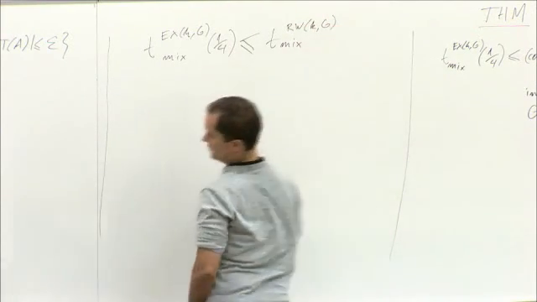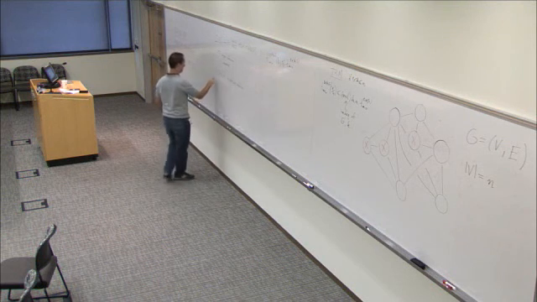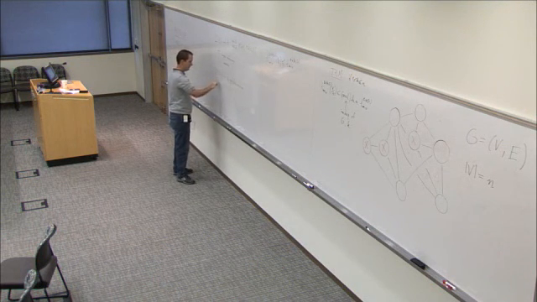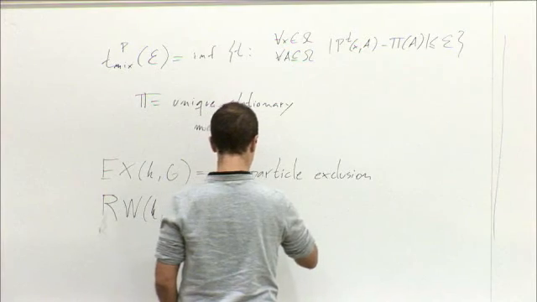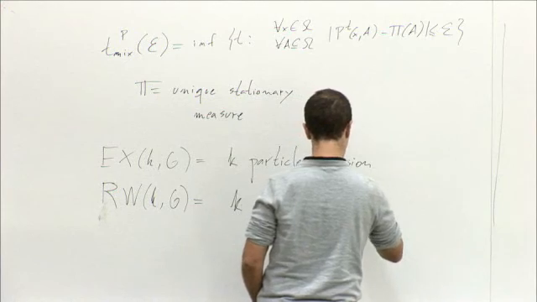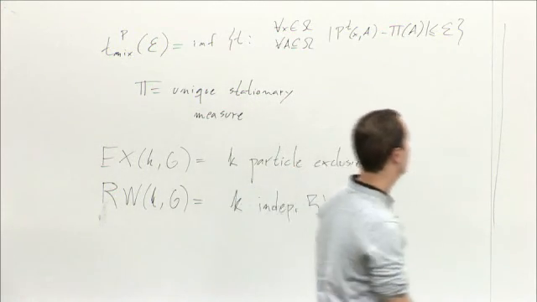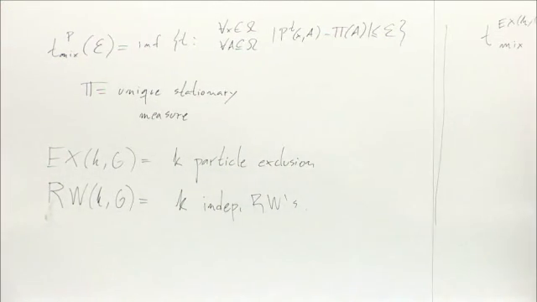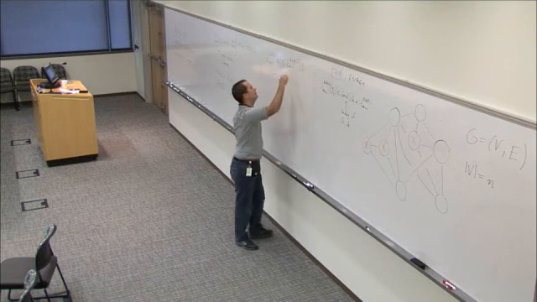And maybe I have to explain what this means. I'm going to use the symbol RW_k(G) for k independent random walks. And 1/4 here as well. And maybe you want to put a constant here.